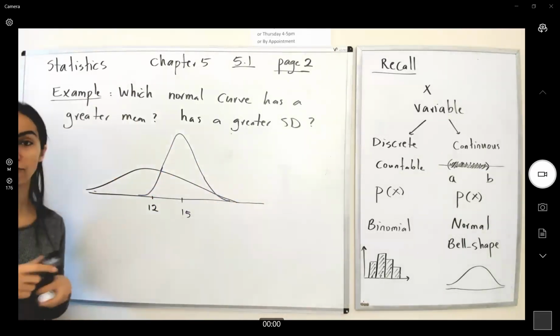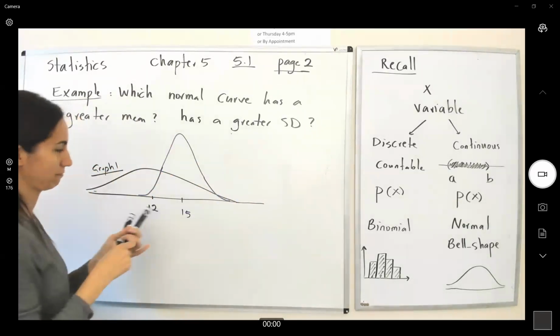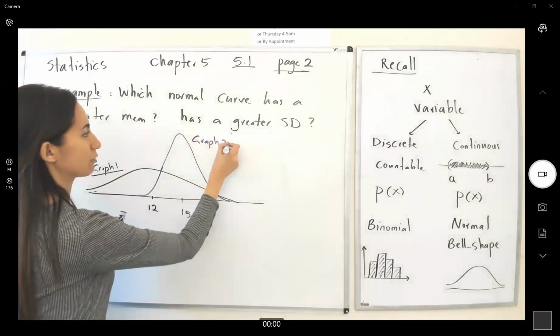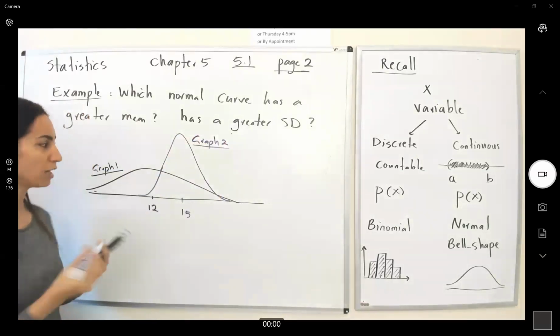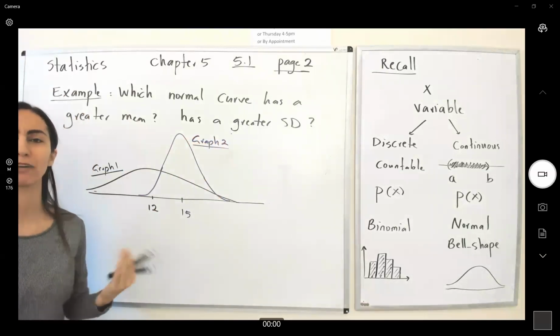So we have graph 1, the first graph, and second graph, graph number 2. Well, which one has greater mean or greater center?